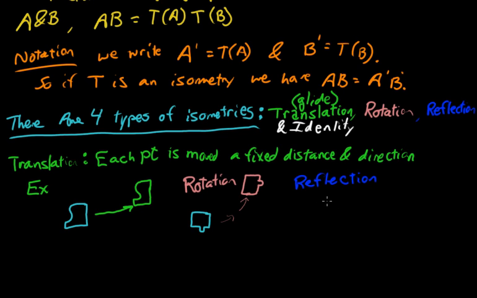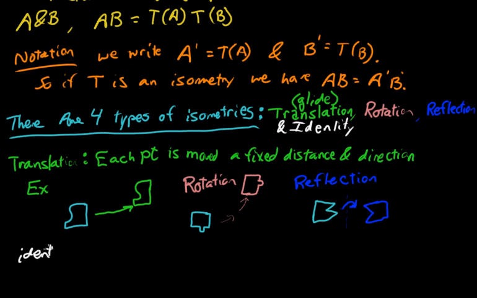So, if I have a shape like this, and I want to reflect it across this line, it would look like this. So it's a reflection.